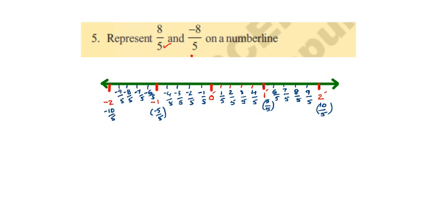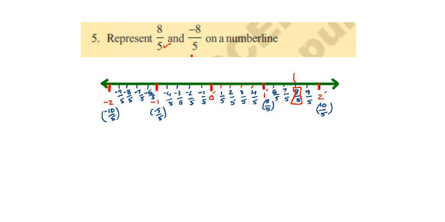What is our question here? Our task is to represent 8 by 5 and minus 8 by 5 on the number line. Where is it? You may move to the right side of the 0. You may observe where the 8 by 5 is. I draw a box on that. That is 8 by 5.